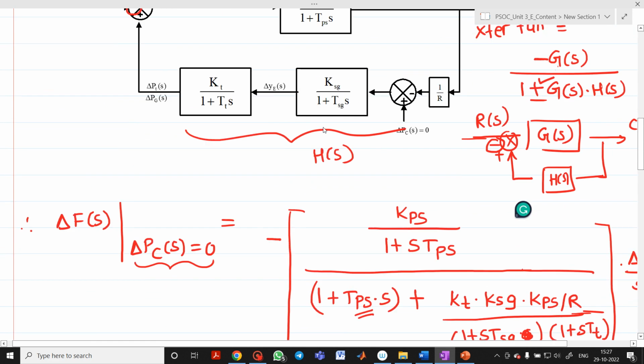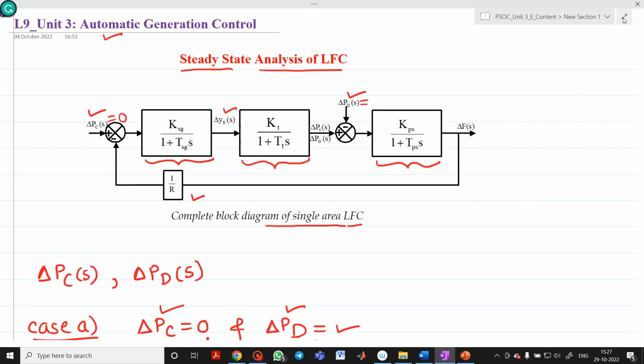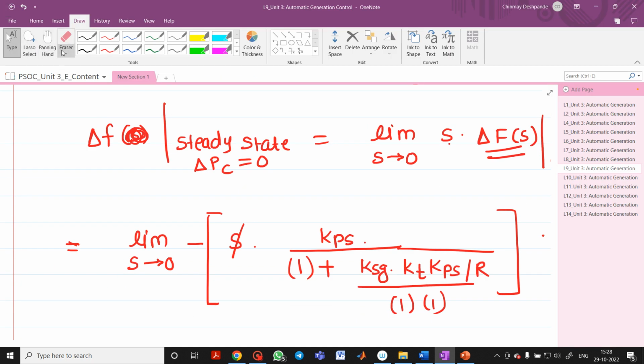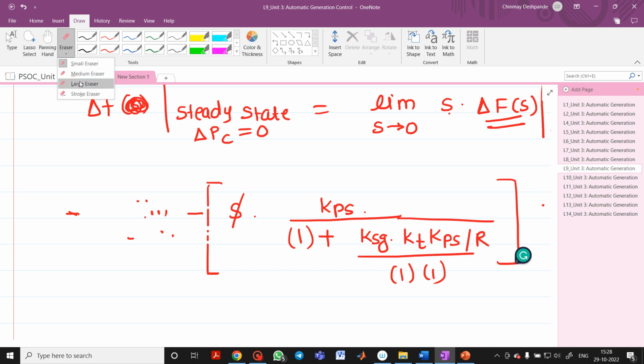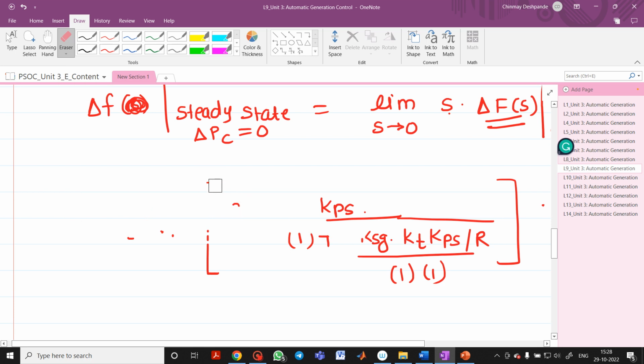Now what I want to do, just a minute, there is one correction. Let me correct it. Let me remove this, because there is one correction, because I want to tell you why this particular term is there. So let me correct this.